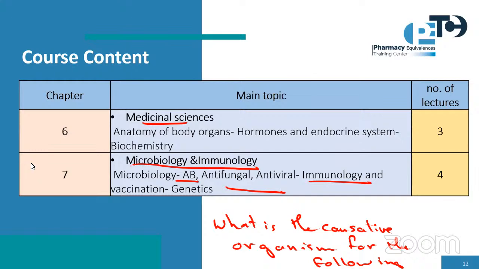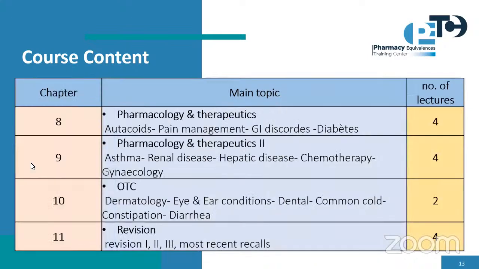Okay. The next chapter, pharmacology and therapeutics. Therapeutics is a main part of paper 2, so we will cover this part in 2 chapters, chapter 8 and 9, with many topics, many diseases, many conditions.